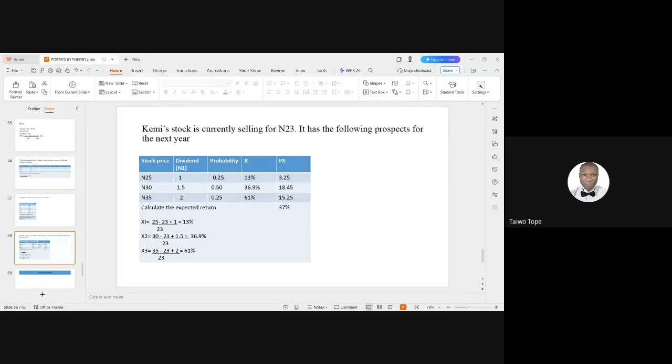So now, when we talk about variance, it measures how far returns are from their average value. So when we talk about variance, we're talking about deviation from the actual. It means you have a target, and when there is deviation, it means there is variance.